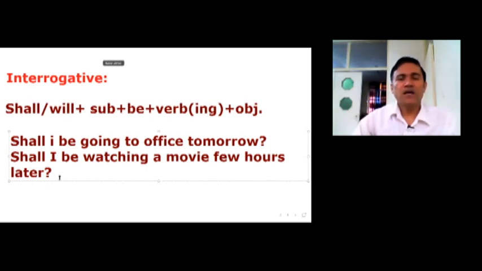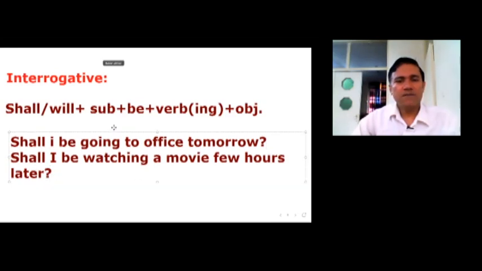Or you can say will she be cooking rice few hours later? Okay, or will we be helping the people who are affected by the flood. So in this way, we can make more complex sentences here. How to make complex sentences, I will teach you later.